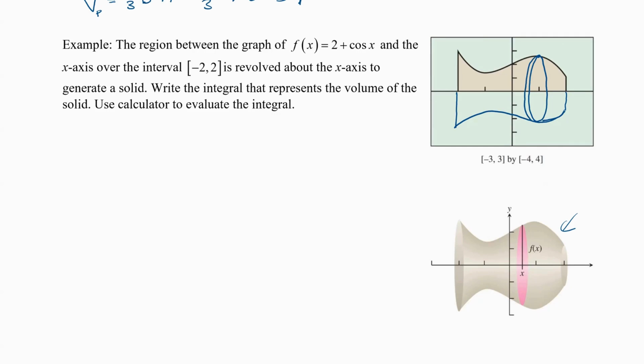Now, I drew a little extra on that ellipse to give it a little bit of thickness. Then we can think of that thickness as being the dx, as being how thick a disk made from that circle is. What is the cross-sectional area for these? Well, each of these cross sections is a circle, and the area of a circle is pi r squared.